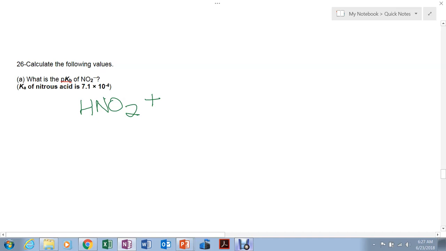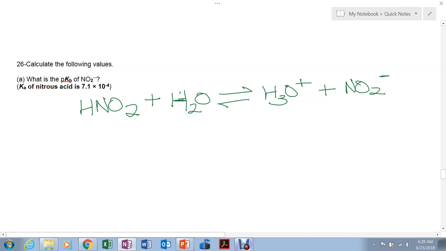And it's going to be it plus H2O, change colors, yes, H3O plus NO2 negative. Now this is the conjugate base, and the problem is asking for pKb.